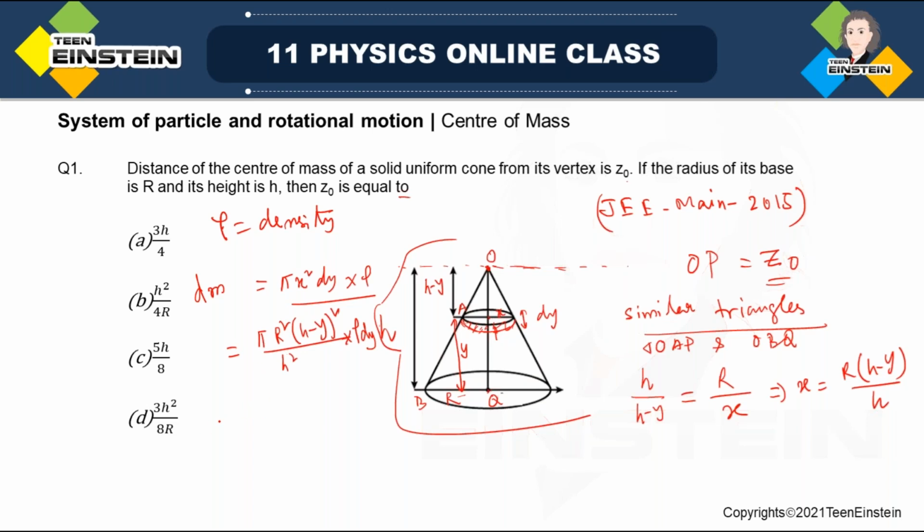If I want to calculate the x coordinate of the center of mass, then we can write x cm is equal to 1 over M integral of x dm, that is, x pi rho R square (h minus y) by h square into dy.